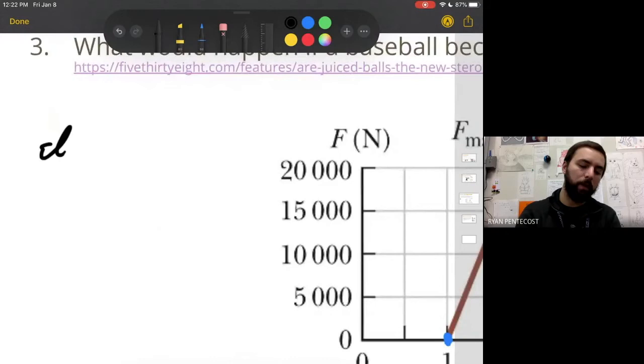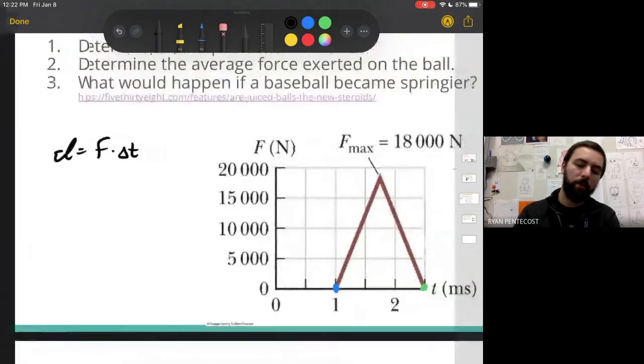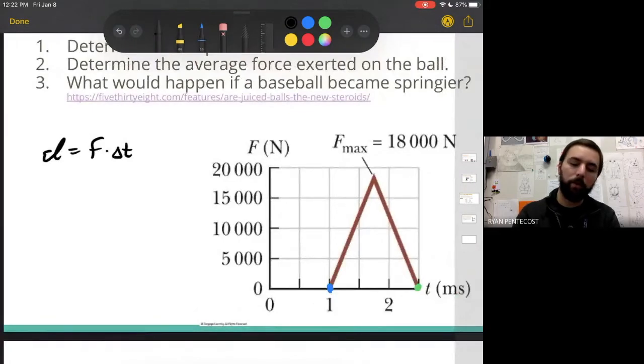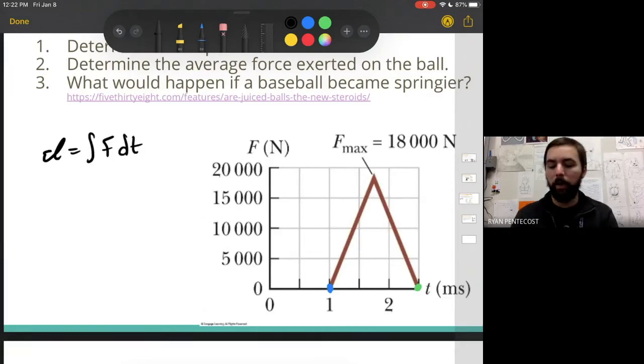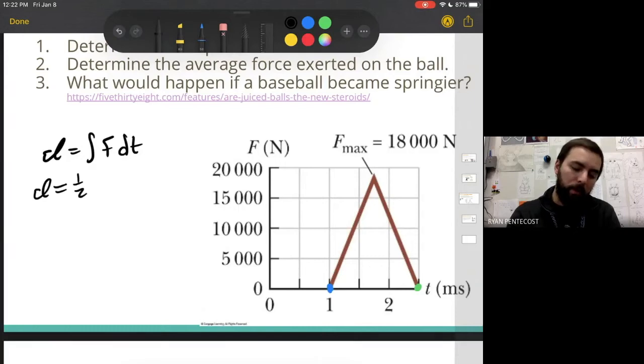We can find the impulse simply by doing F times delta T. The force, actually, you know what? We don't want to do that because that's not going to give us the right answer. What we want is the area under that curve, F dt. Well, the area under that curve is going to be a triangle, right? So the impulse, and my cursive eyes are erratic. So we have area of a triangle, 1/2.